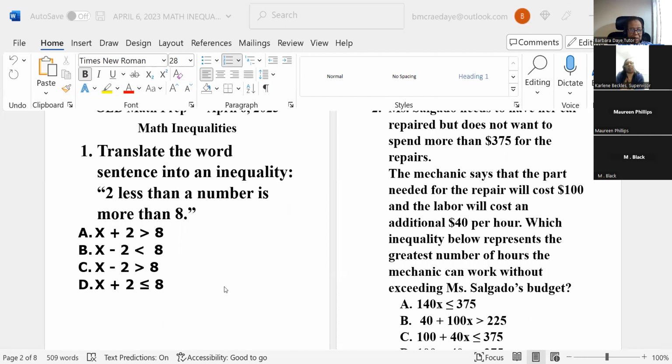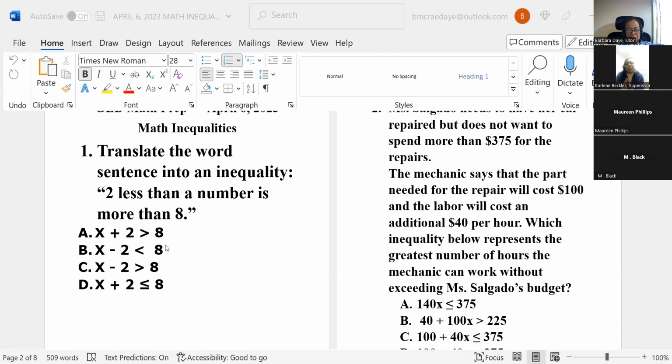Tell me, what do you think the answer is? I think the answer is C. Mercedes, what do you say? B. You're saying B? Yes. Okay. Maureen, you said C, and Mercedes said B.